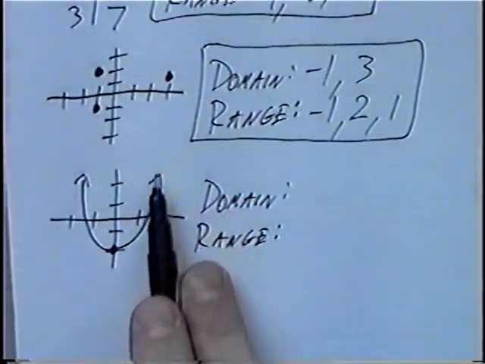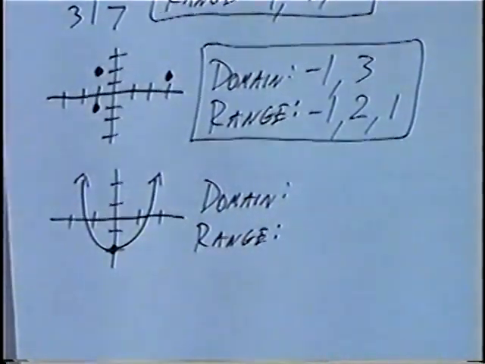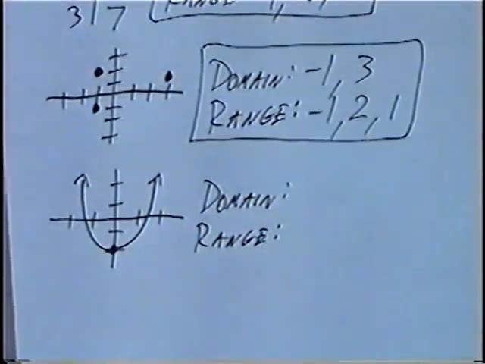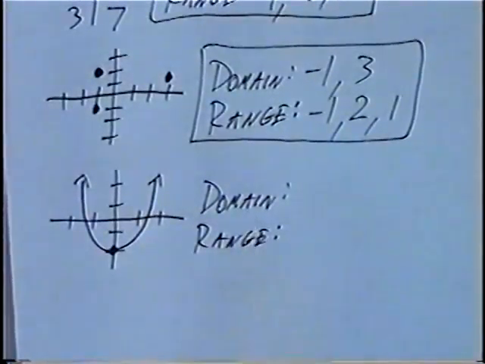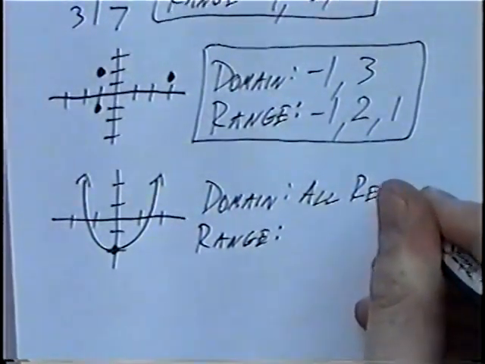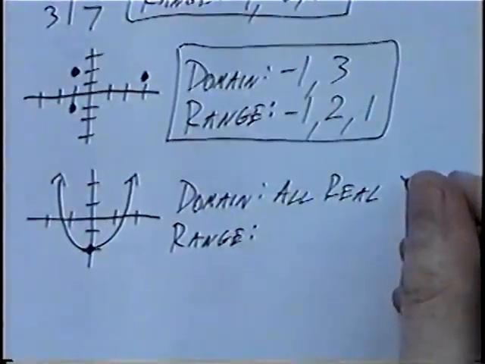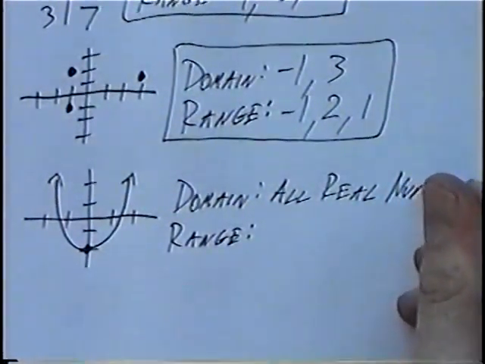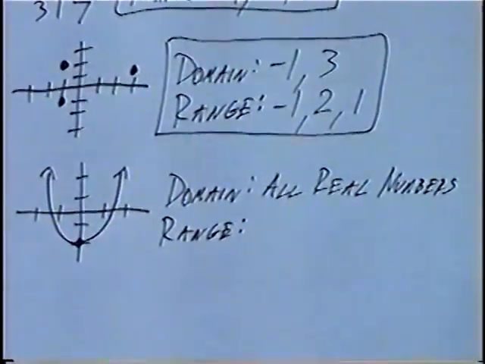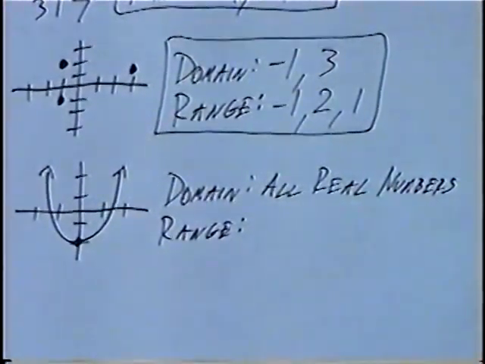If you go up high enough, any positive value will also be on the graph. So since every x value, positive and negative, is on the graph, the domain will be all real numbers. All real numbers again, because every x value is on the graph.